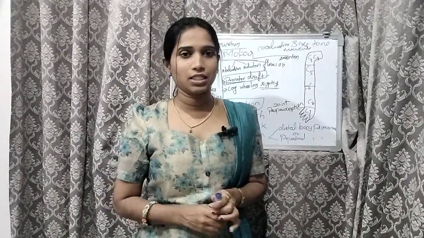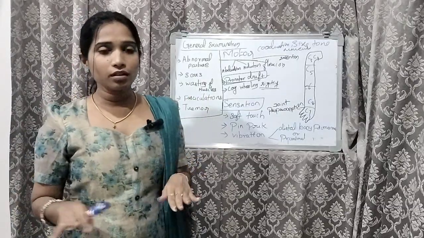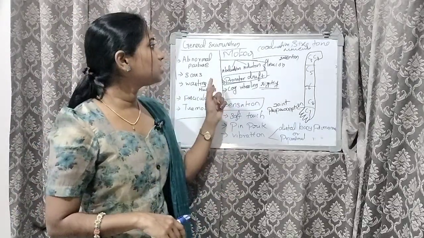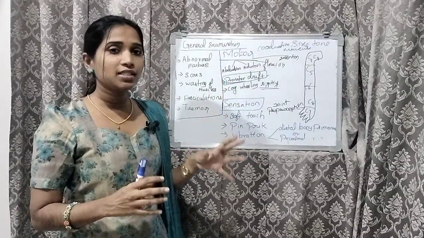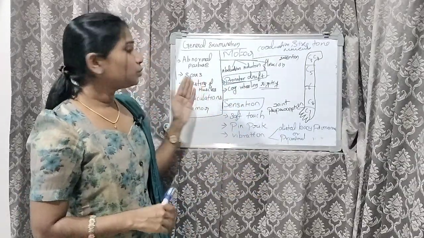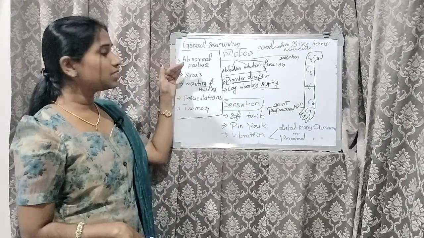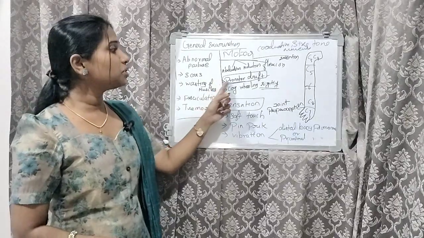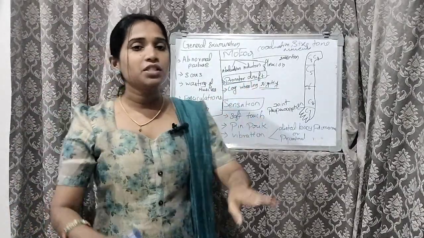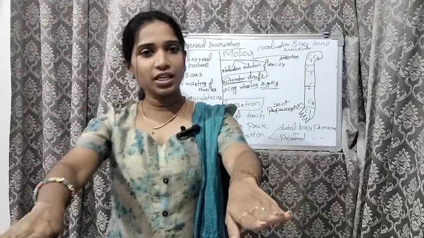Clear? Yes. So I hope that you all are clear about motor function, which means how you should assess the muscle tone. So once again I'll repeat. First you have to do a general examination. After the general examination, you have to check the pronator drift, which means ask the patient to do a pronation.